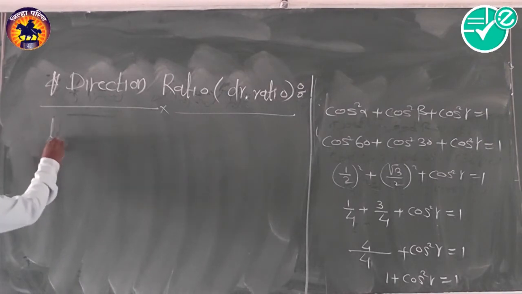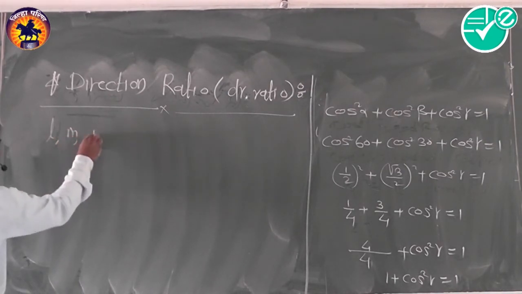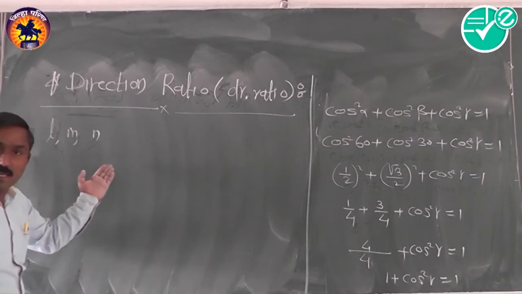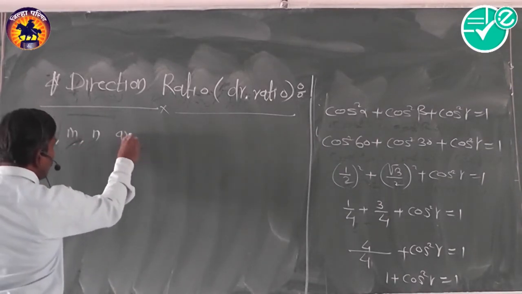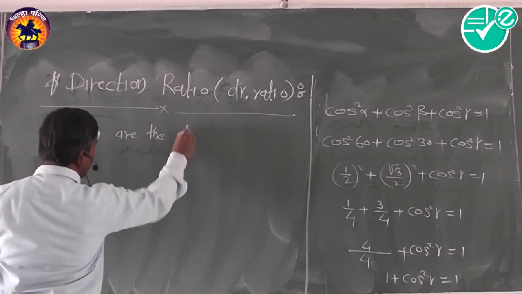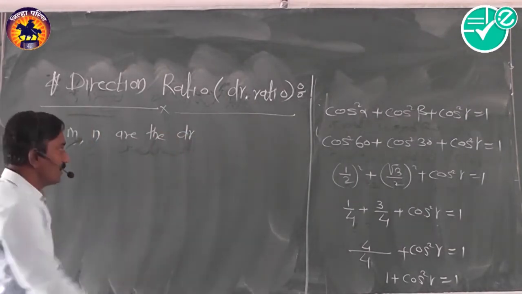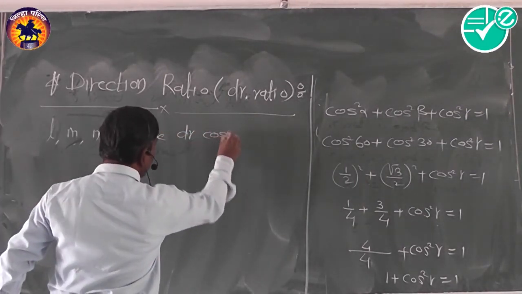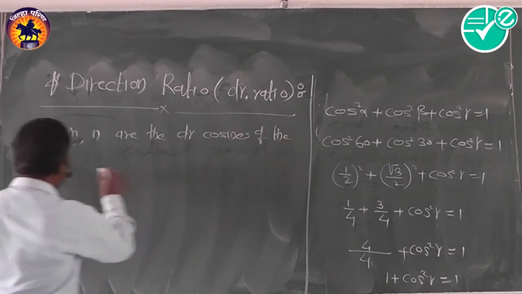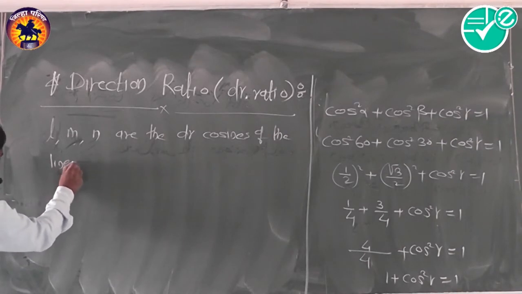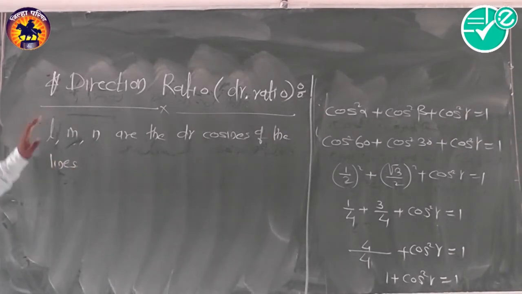We know the L, M, N. What are these? These are the direction cosines of the line.